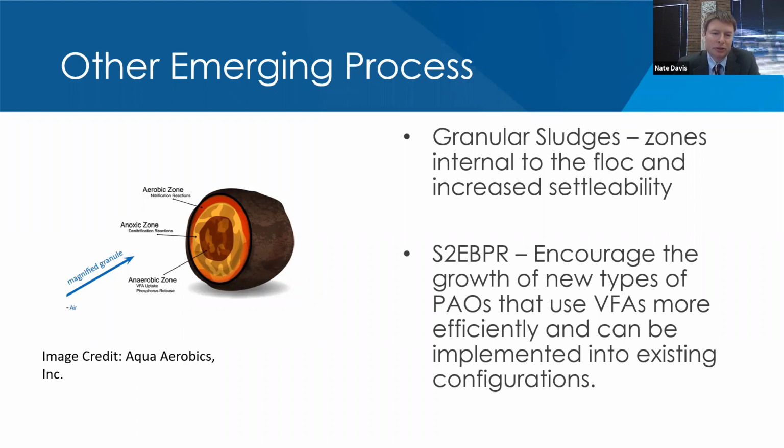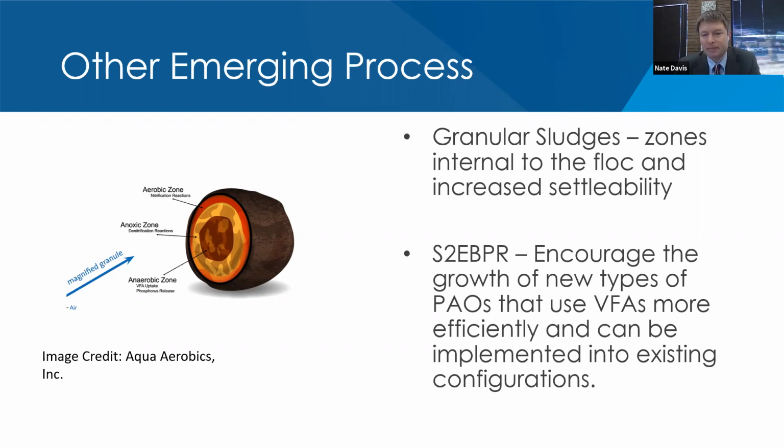So what they're finding is plants that do this can get very good phosphorus removal, even if their influent is not really conducive to what you typically think would allow for enhanced phosphorus removal.